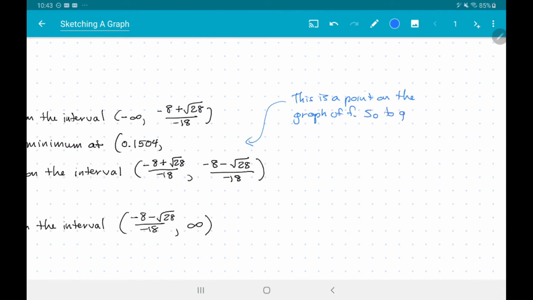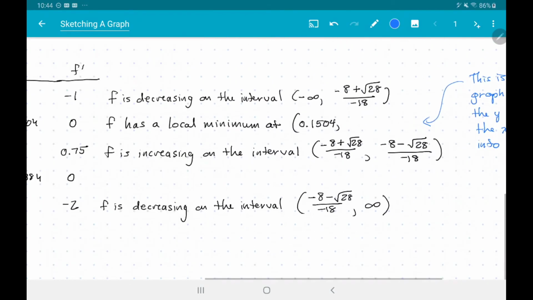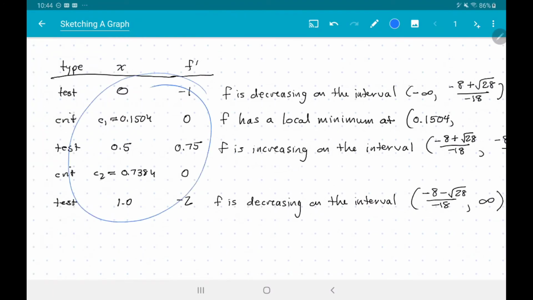So to get the y-coordinate, plug the x-coordinate into the original function f. In particular, none of these numbers are the y-coordinate that we're looking for.